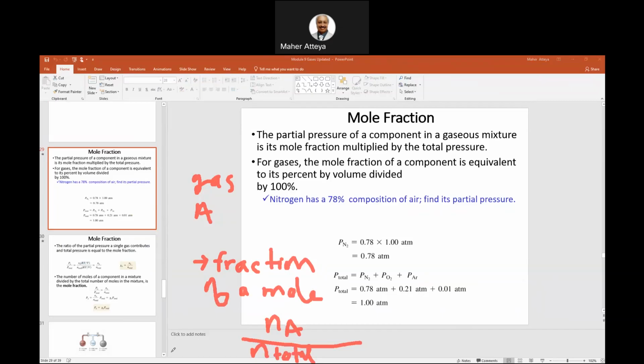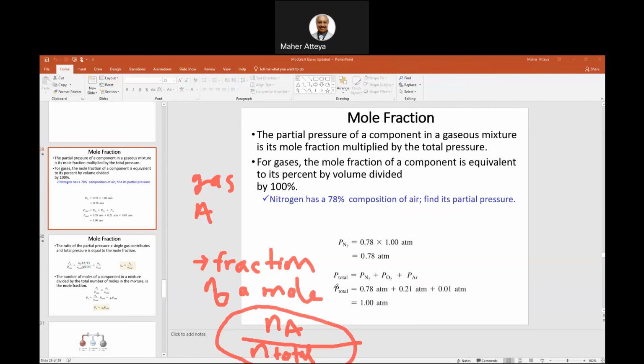So one gas divided by the total gives you the mole fraction. That's what it really is. This is the definition of the mole fraction. Then we'll see how it relates to the partial pressure and to the total pressure.